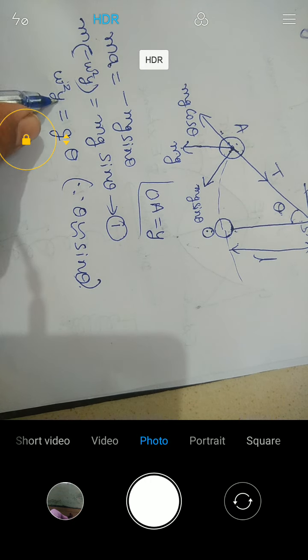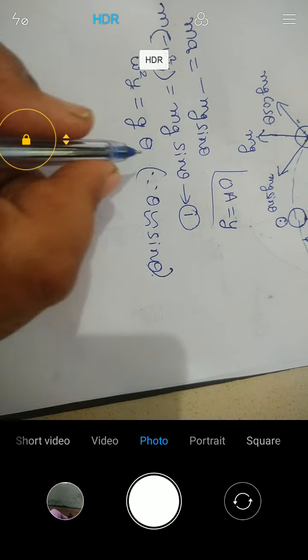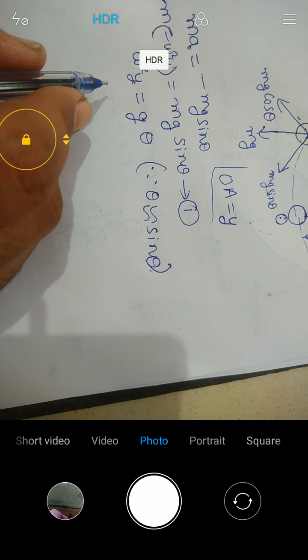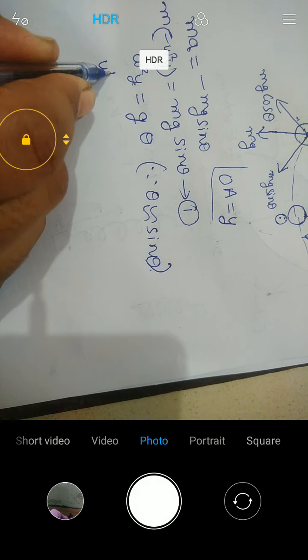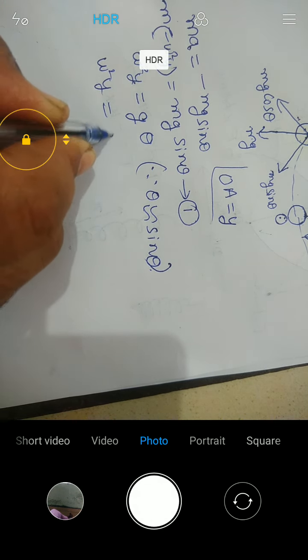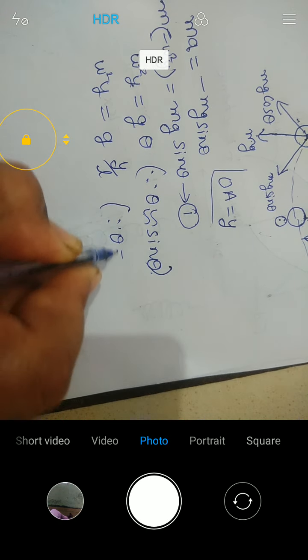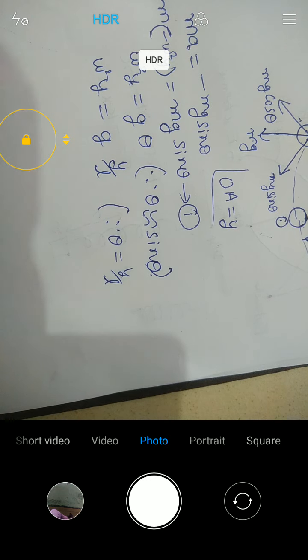So if omega square y is equal to g theta, then omega square y is equal to g y by L, because theta is equal to y by L, from the figure.